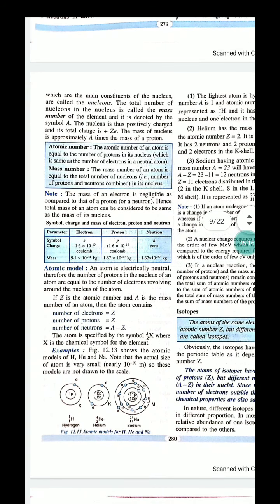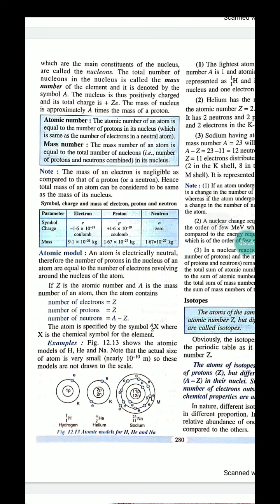If Z is the atomic number and A is the mass number of an atom, then the atom consists of number of electrons equals Z, number of protons equals Z, and number of neutrons equals A minus Z. The atom is specified by the symbol X with A as superscript and Z as subscript, where X is the chemical symbol of the element. Now figure 12.13 shows the atomic model. Now you have to see this atomic model.